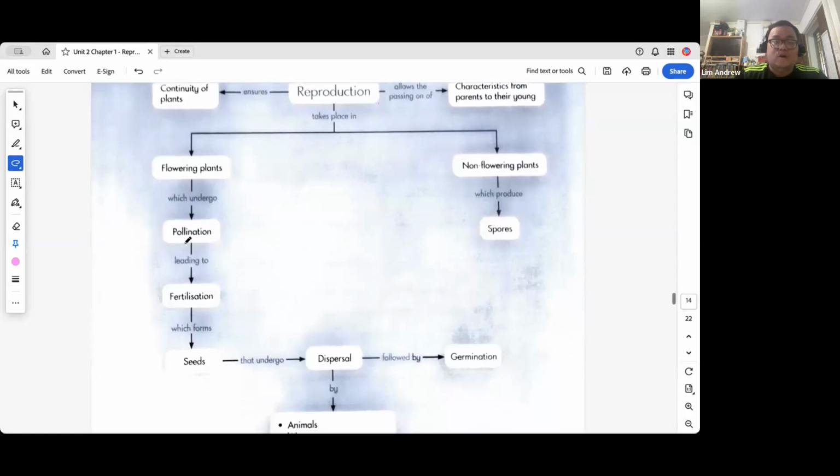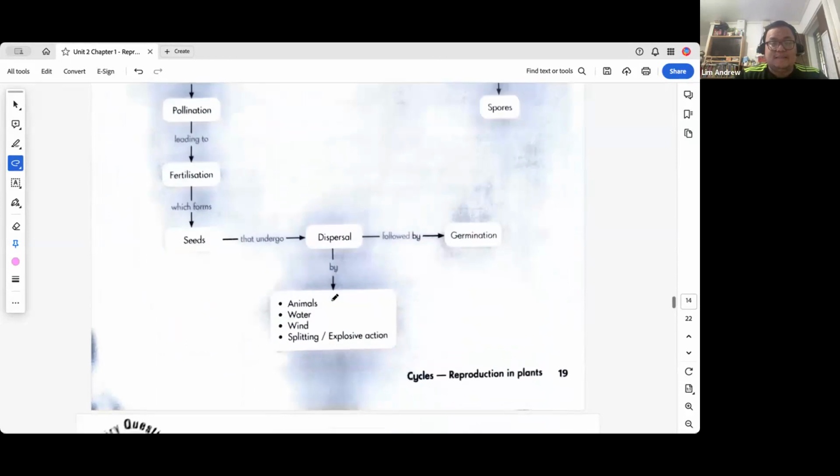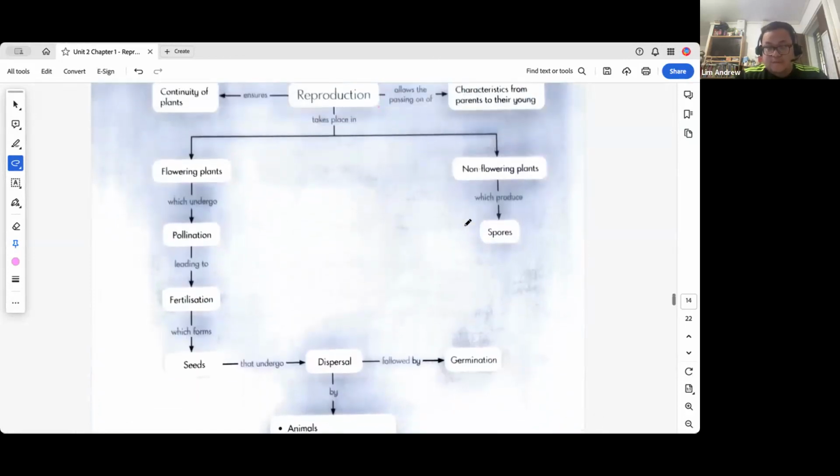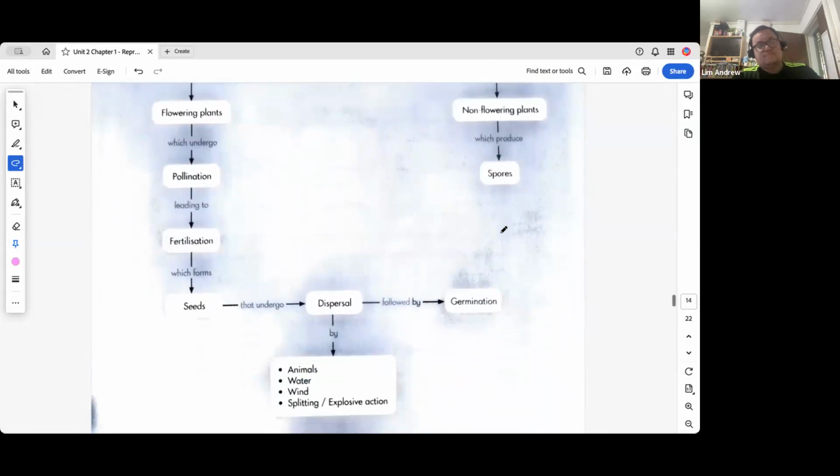Flowering plants undergo pollination, leading to fertilization, which forms the seeds that undergo dispersal, followed by germination. Dispersal takes place through animals, water, wind, and explosion. Whereas non-flowering plants produce spores.